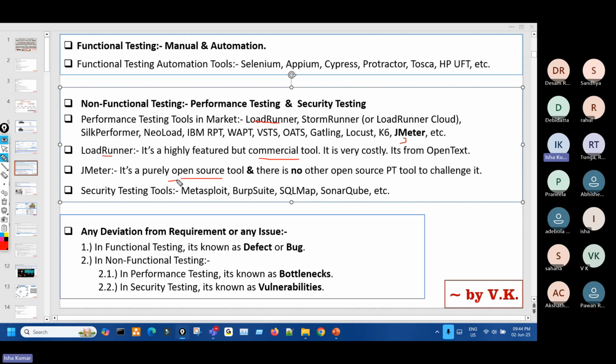So you got the idea. Those are open source, and this is commercial. There is a wide definition of open source, but for now, in layman's language, open source means free to use, and commercial tools are where you pay and then use them.